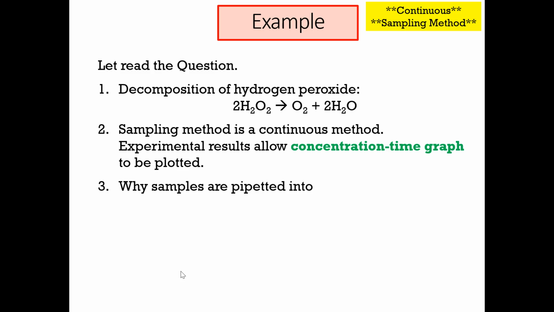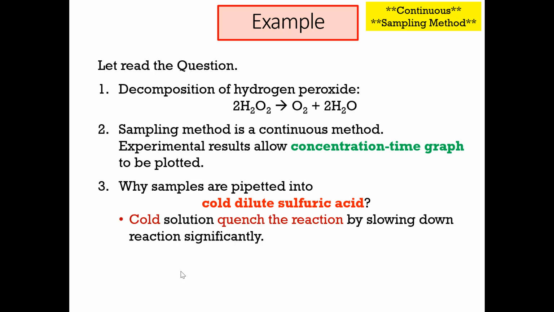Why are samples pipetted into cold dilute sulfuric acid in the question? Now, we obviously are trying to do this action of quenching. So cold solution will quench the reaction by slowing down the rate of reaction, and H2SO4 also provides the H+ for redox titration later on with KMnO4. So that is a very careful choice of reagent at this point.